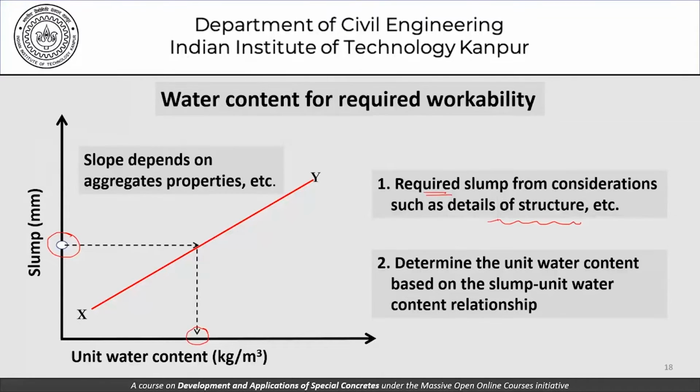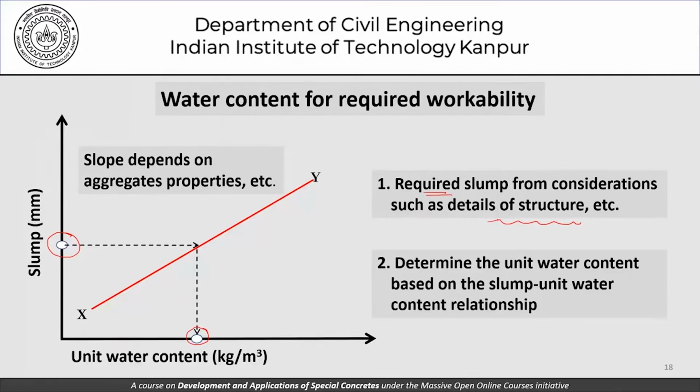So that's what it means when we say that the required slump is determined from considerations such as the details of the structure, and that's where the designer comes in. They have to prescribe what is the kind of slump that you need. It also depends on the method of construction. If you're trying to construct using a transit mixer or by taking it in smaller wheelbarrows to the site, these are the kind of things which will determine the slump that you need. For purposes of proportioning, once the slump is known, through this graph, we know the unit water content.